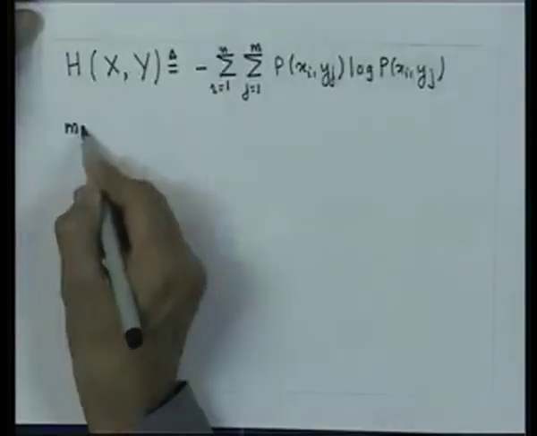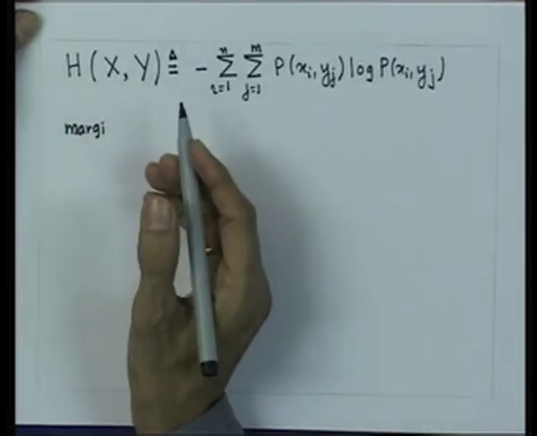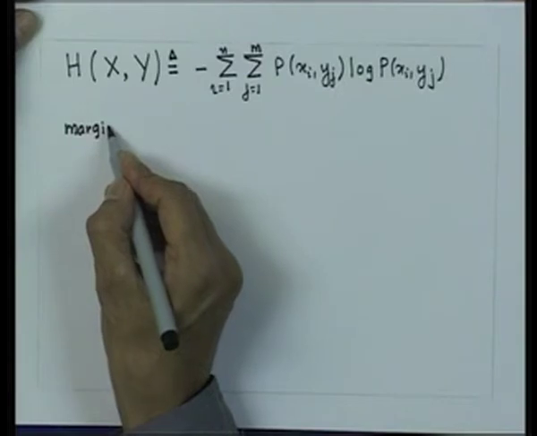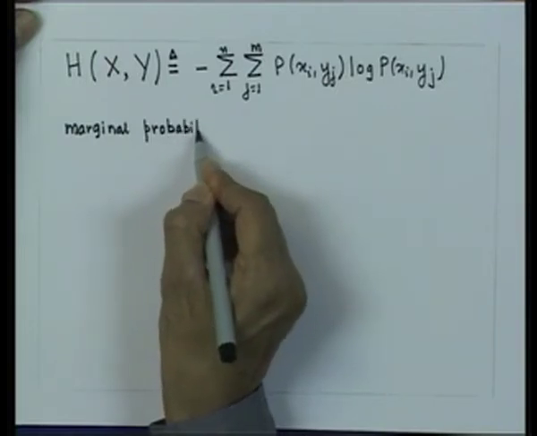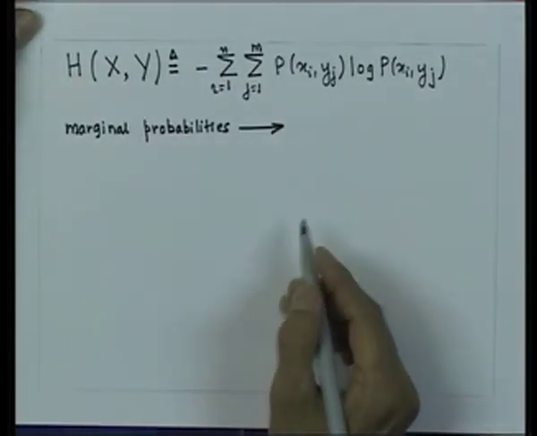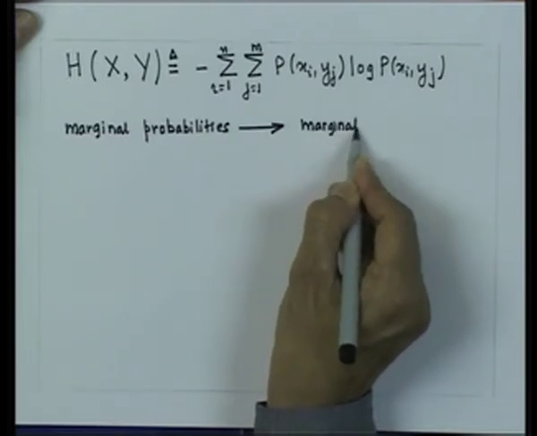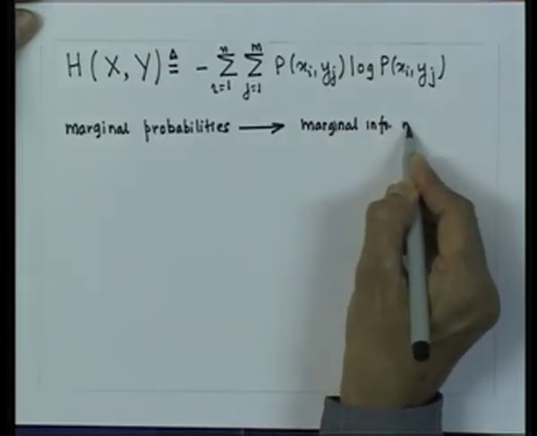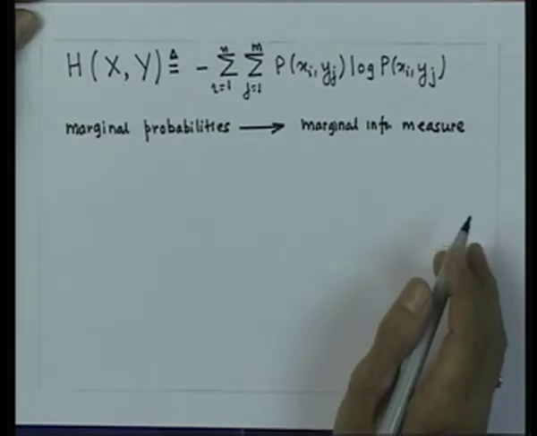So, we have seen that if I have marginal probabilities, or just simple first order probabilities or unconditional probabilities, then with marginal probabilities we had associated an information measure, and that was the marginal information measure, which is equivalent to the self information which we had defined earlier.